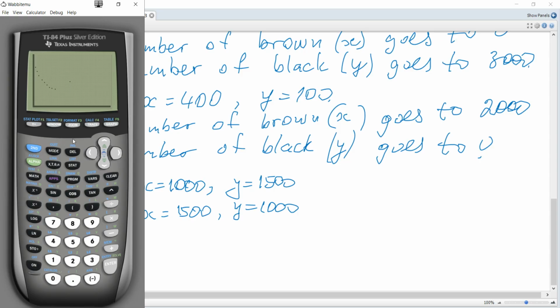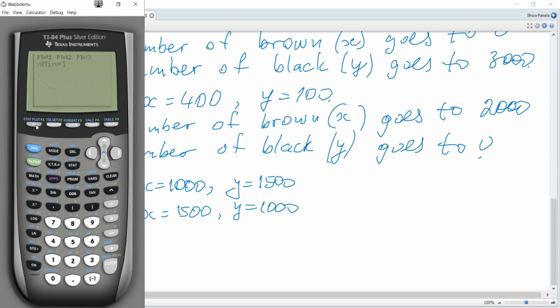Or just using a table, you can see that y decreases then increases, x decreases. So it looks like this.